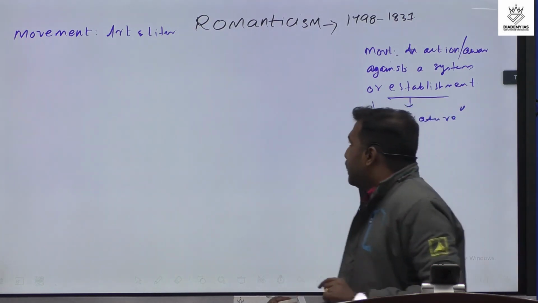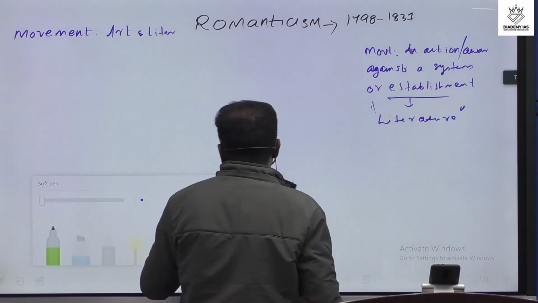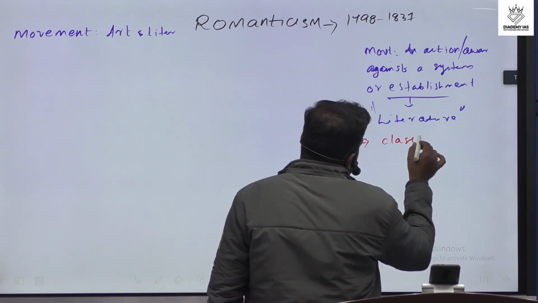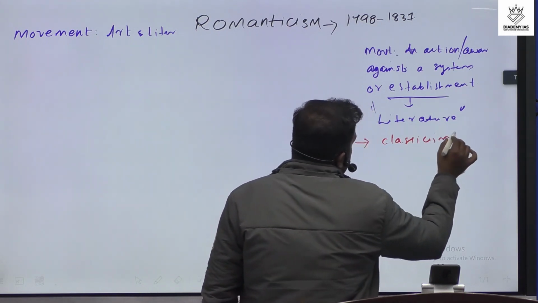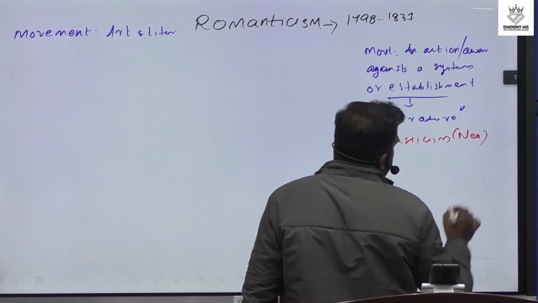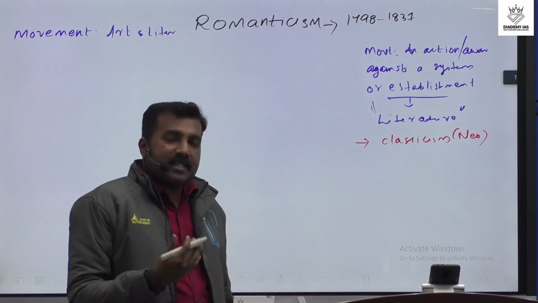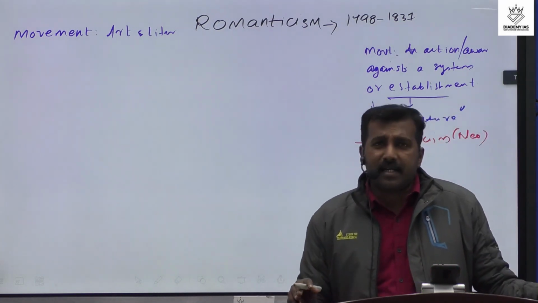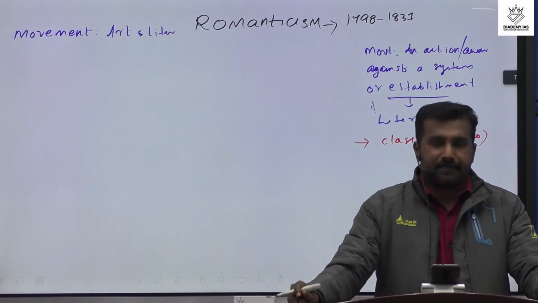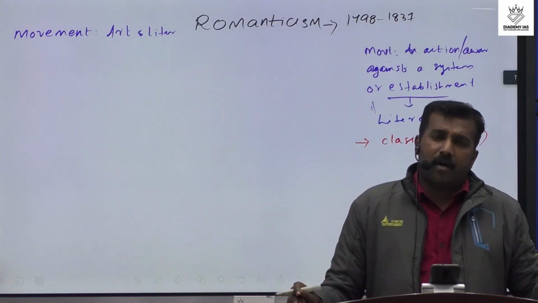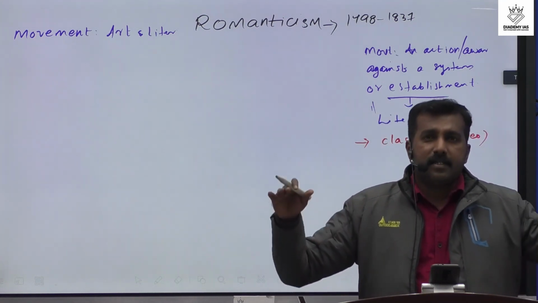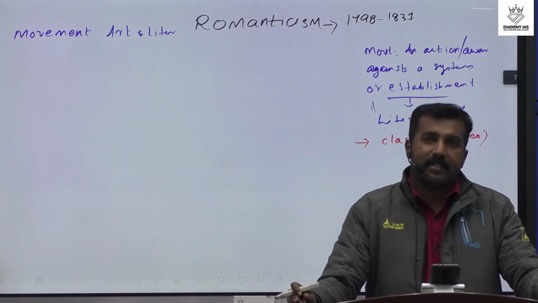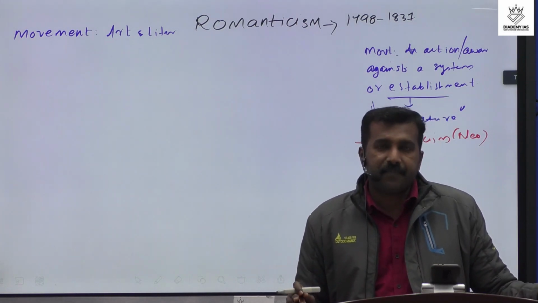Because this movement was against classicism, or neoclassicism. We know the peculiarities of neoclassicism. We already said Romanticism is a movement. Which type of movement? A literary movement.